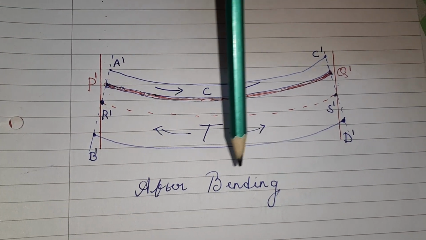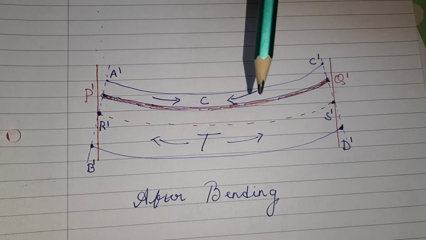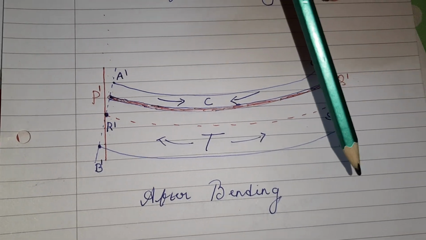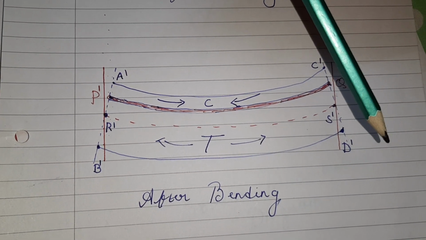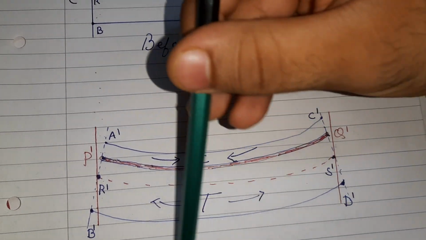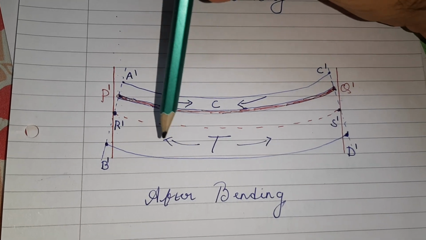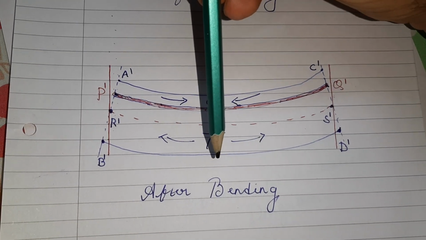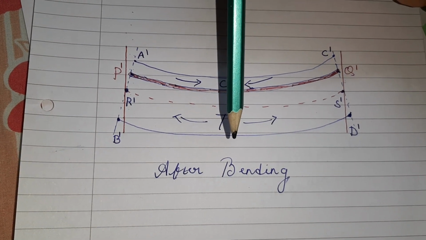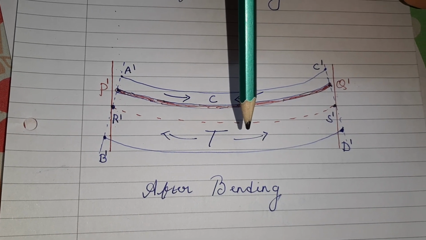So above the neutral axis it has gone under compression, and below the neutral axis it has gone under tension. So compression and tension, these alternate stresses, will develop what is known as moment of resistance. That is, the external moment on this beam will try to conflict with the internal stresses, that are compressive stress and tensile stress. Both these stresses will form a couple that is equal and opposite.